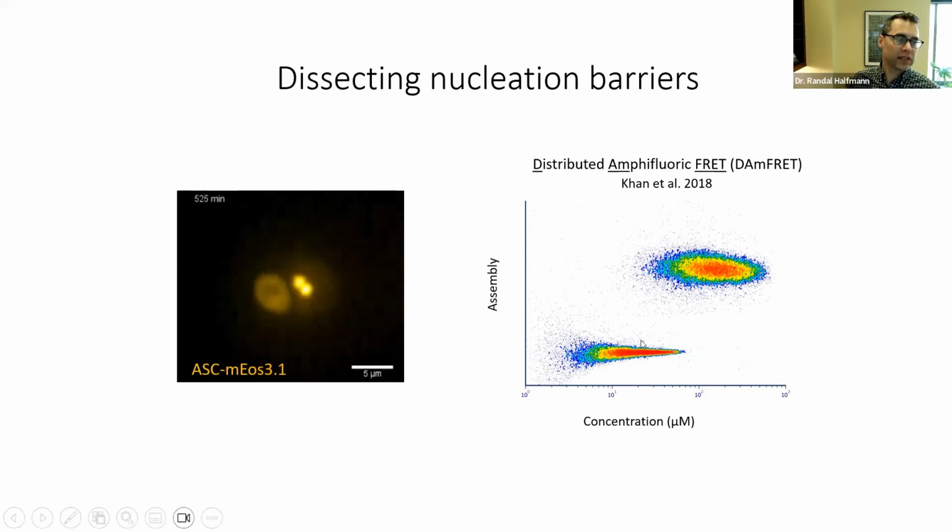And so what you see in this case is two states. So every point here is a cell. And within each cell, you can see what is the concentration of the protein in that cell. And you can see the extent of assembly of the protein. So that's on the y-axis.